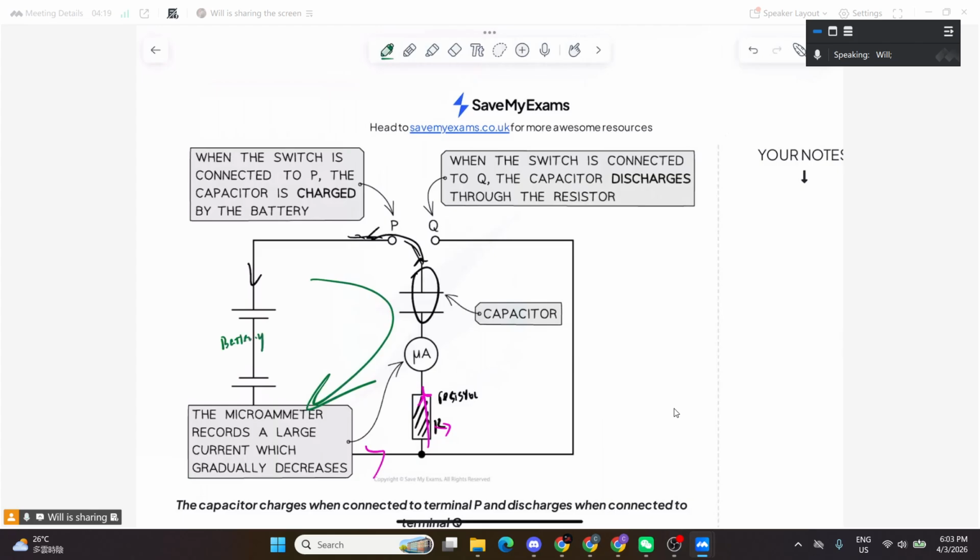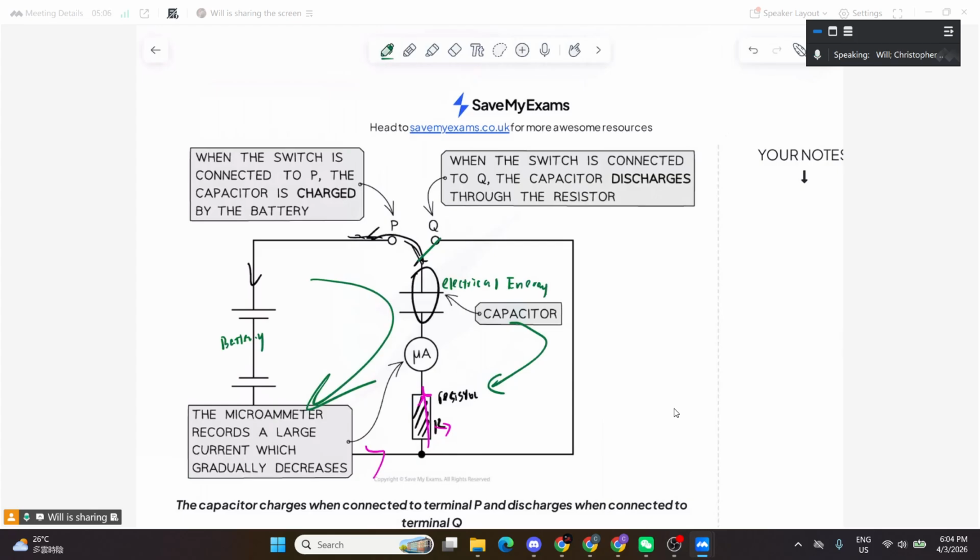After the battery has given all the electrical energy to the capacitor, and the capacitor has the full energy, if we switch to point P, or switch to point Q, which means connecting to point Q, you can see the right side is a closed circuit, the loop. Understand that? Okay, the loop.